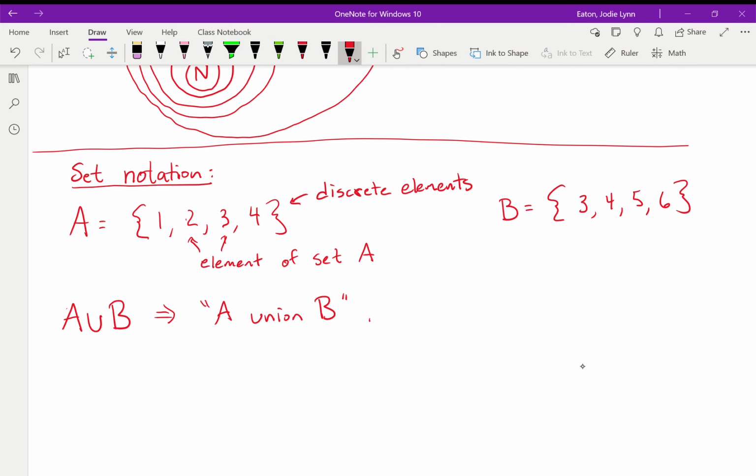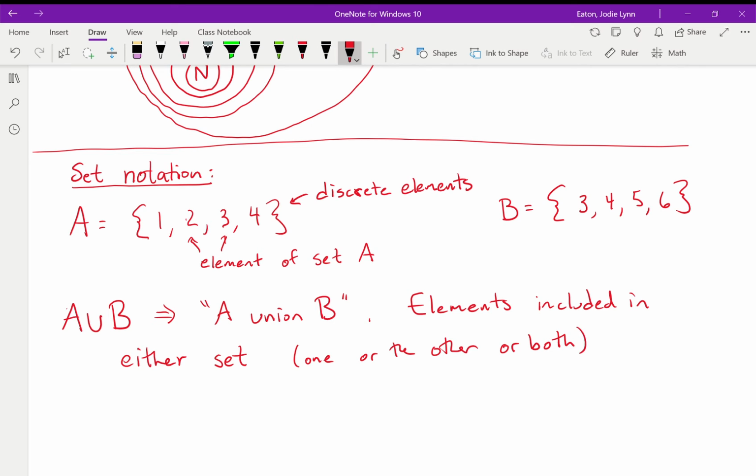So this is elements included in either set. So it includes all the elements in A, all the elements in B, and all the elements that are in both A and B. Okay, but if it is an element that is in both sets, we only need to list it once because it is going to be an element of this larger set. We don't need to repeat elements. So we would say one or the other or both.